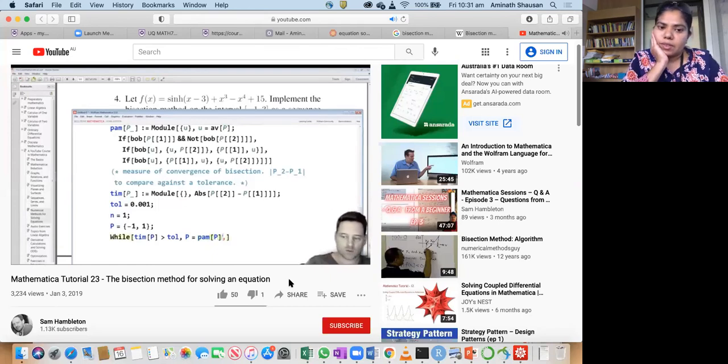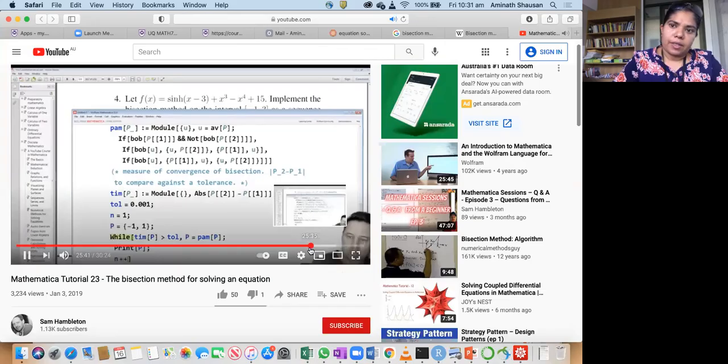We'll put in a semicolon, and at the same time we want to see what the output is, so we'll go print p semicolon, and then we'll say how we're incrementing, so n plus plus. In other words, increment by 1.